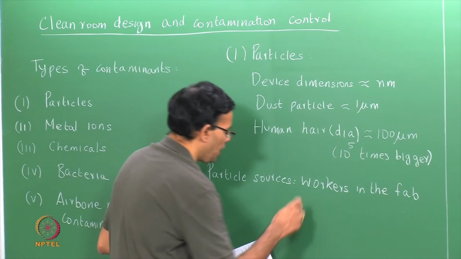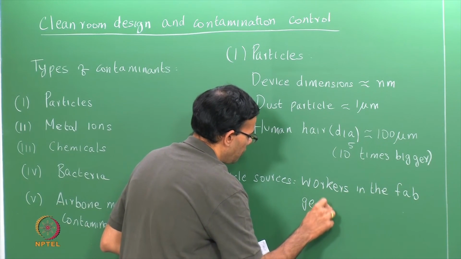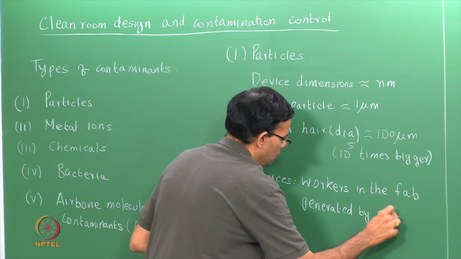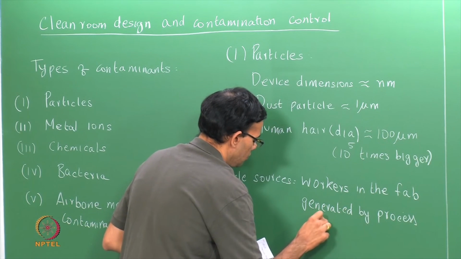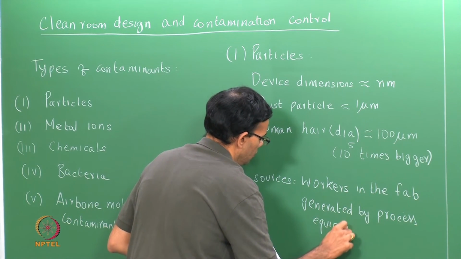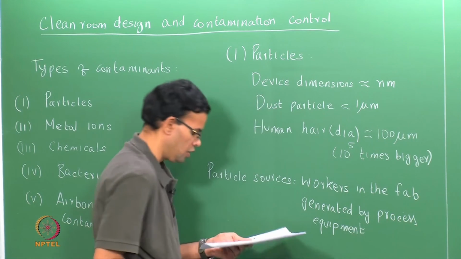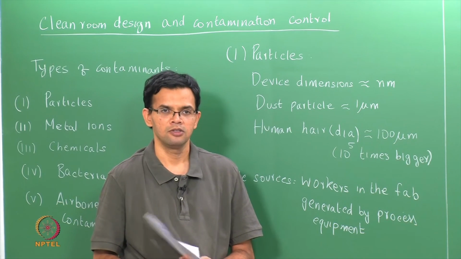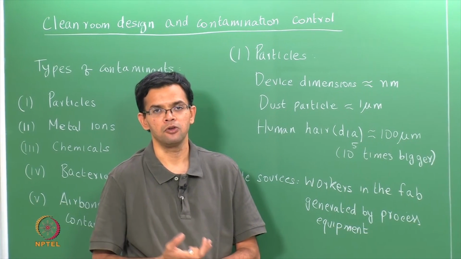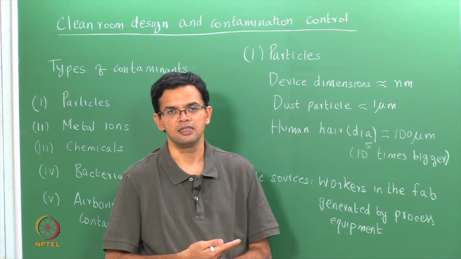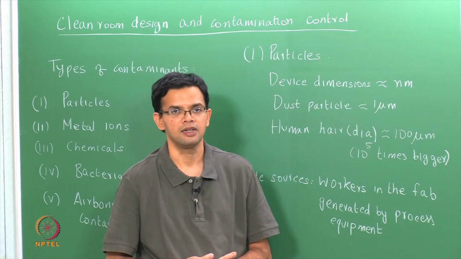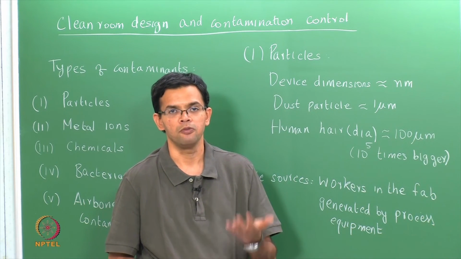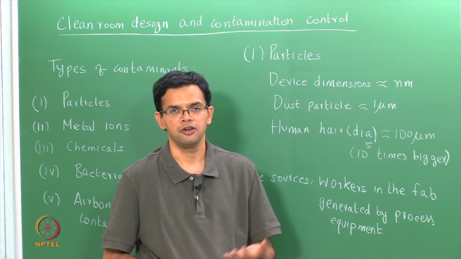You can also have particles that are generated by the equipment. Most process equipment have metallic components, so even a small thing like a metal screw that is rubbing against another surface can generate metal particles, and these particles again will be of a size usually of a few microns, which can again affect your device.